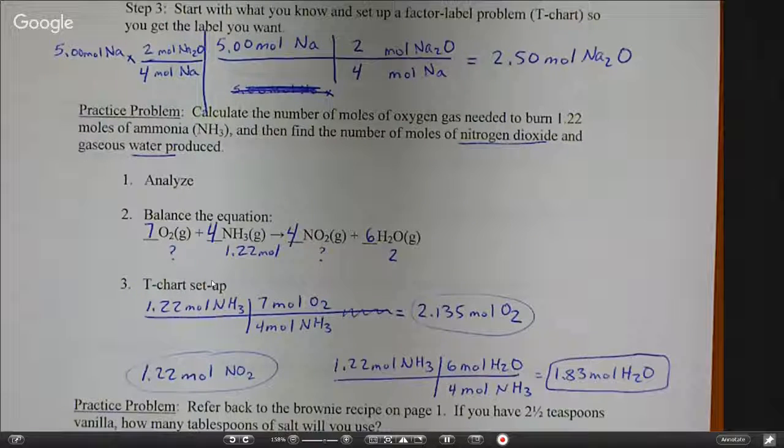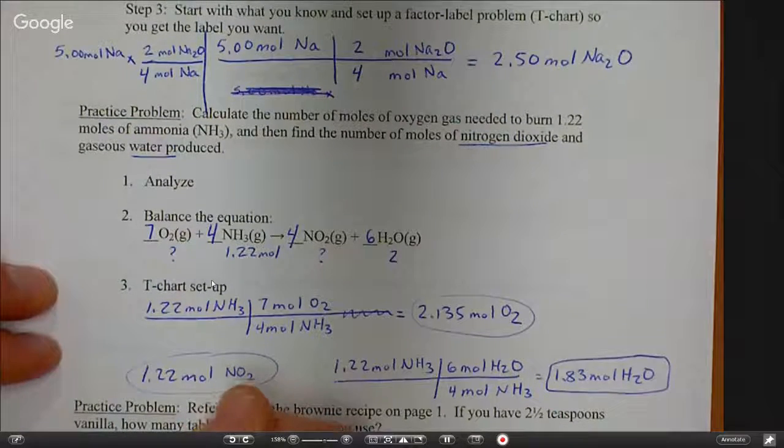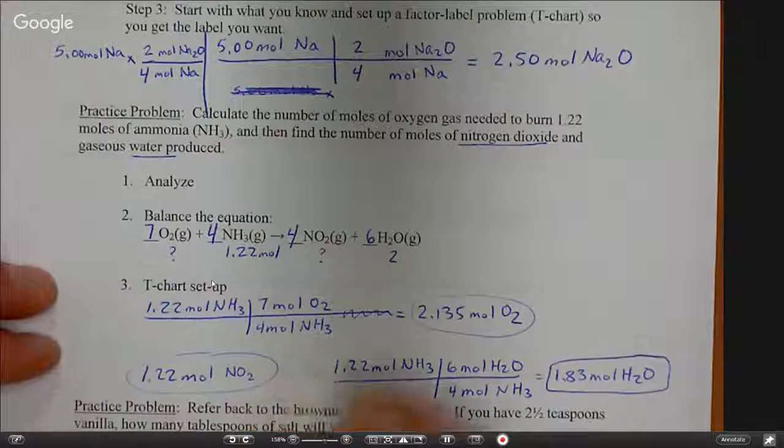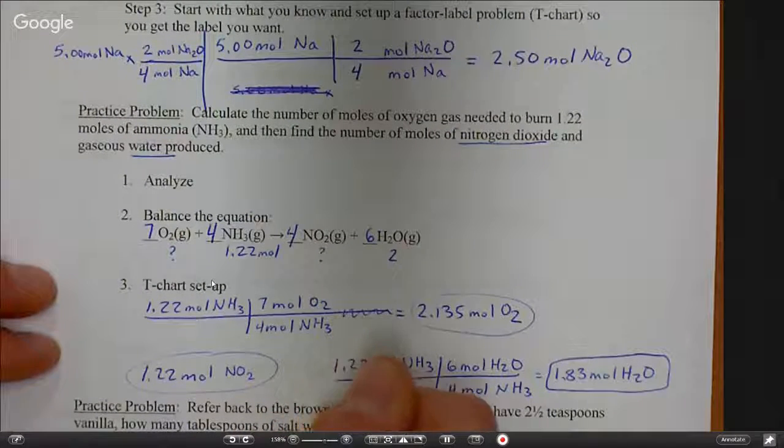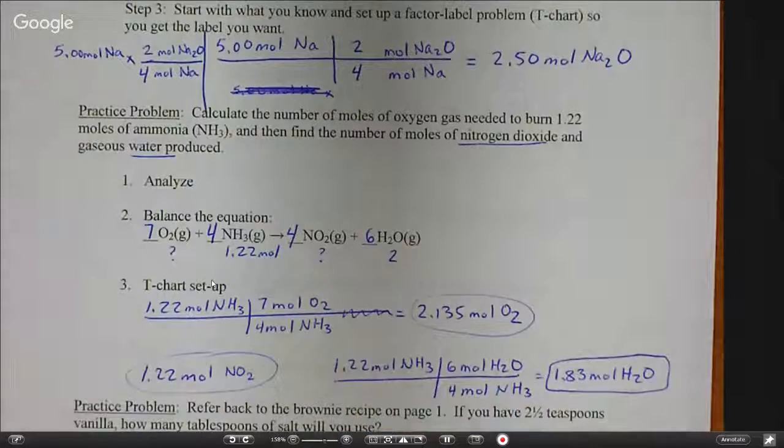Okay, you can always pause this as we go, so keep up. Practice problem, the next one. It says refer back to the brownie recipe on page 1. It says if you have 2.5 teaspoons of vanilla, how many tablespoons of salt will you use?